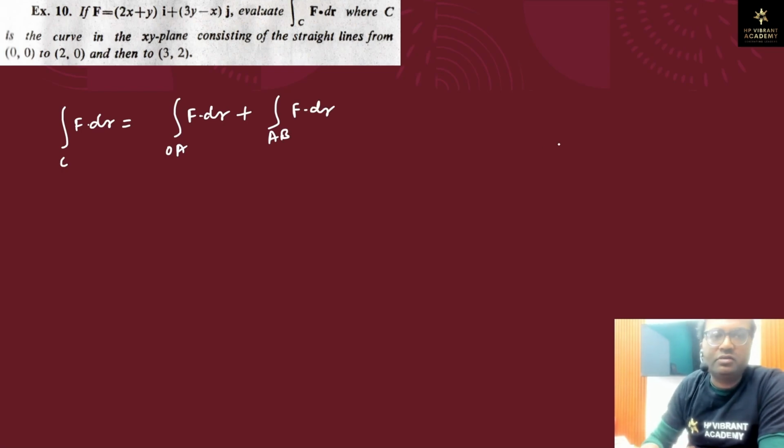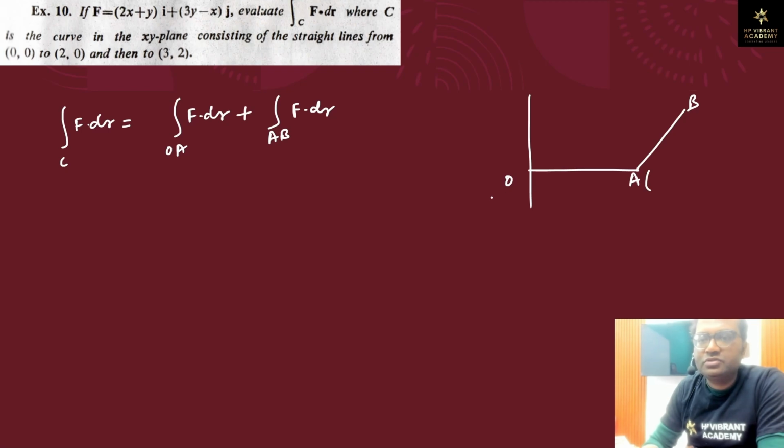So the complete solution along the curve C, f dot dr, will be equal to along OA f dot dr plus along AB f dot dr. We have the straight line along OA, that is O to A, and then from A to B. The coordinate of O is the origin, A is 2 comma 0, and then to 3 comma 2.